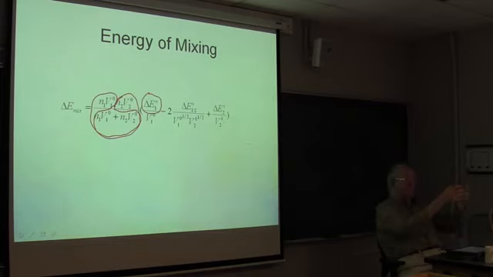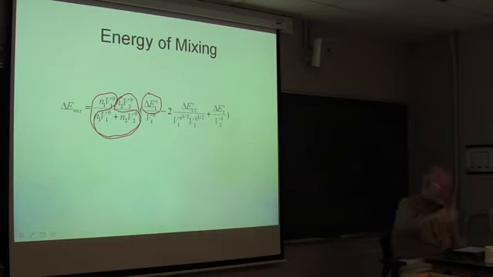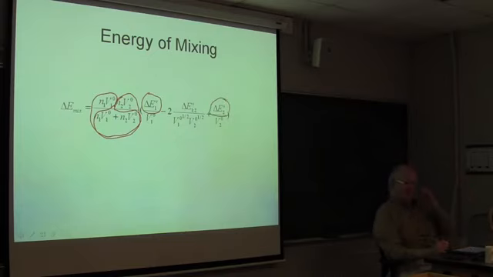So if you take that amount of pure 1 and put it into a mixture, that's going to bring in that amount of energy. And similarly, for species 2, we're going to get that much amount of energy brought in by the 2-2 interactions.